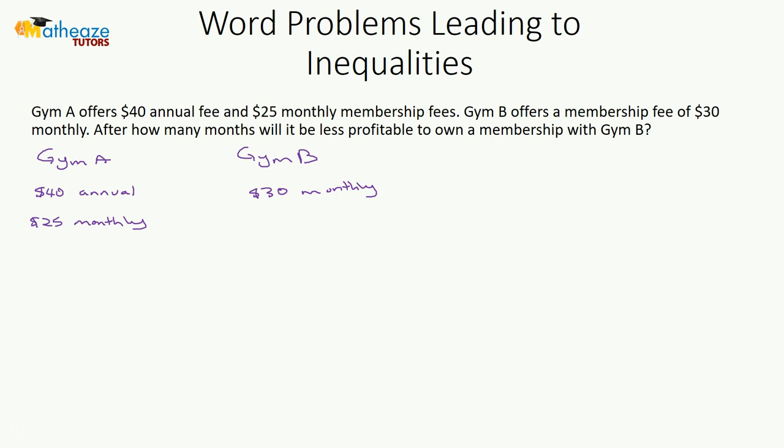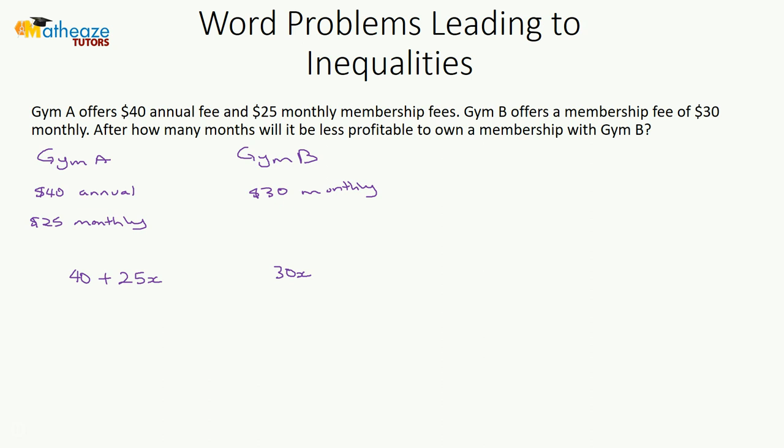So let's look at what it's going to cost to own a membership at Gym A. It's going to be $40 plus 25x. And then for Gym B, it's going to be 30x. So after how many months will it be less profitable to own a membership at Gym B?